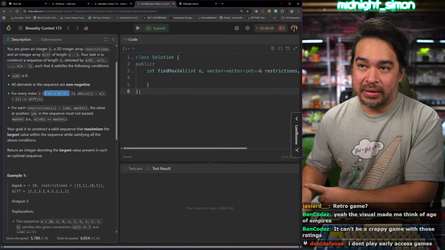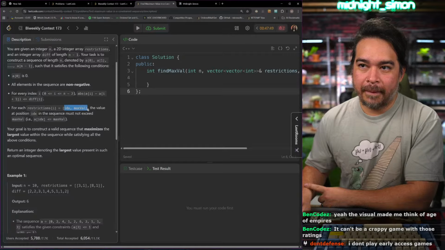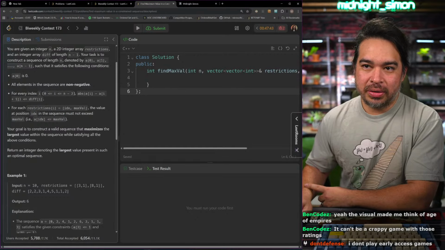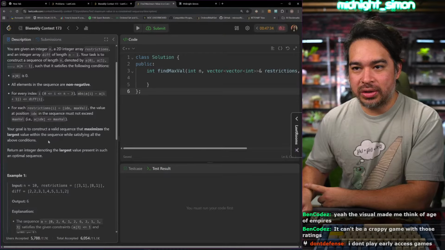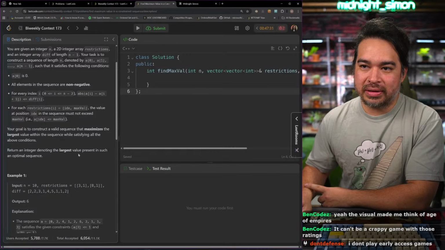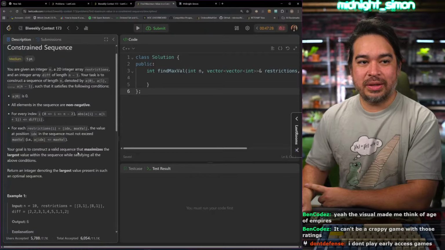For every index i between 0 and n-2, the difference between neighbors is at most diff. And for each restriction, the value at that index in the sequence must not exceed max val. Your goal is to construct a valid sequence that maximizes the largest value within the sequence while satisfying all the above conditions. Return an integer denoting the largest value present in such an optimal sequence.